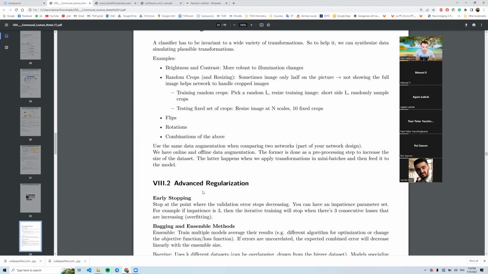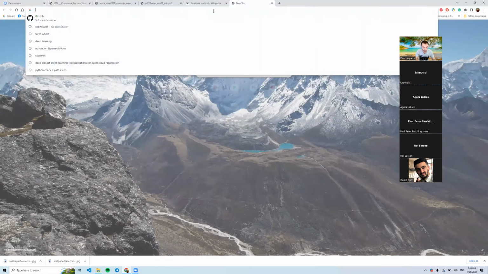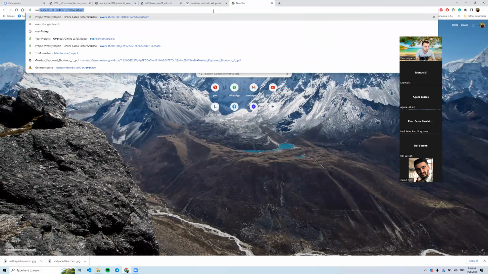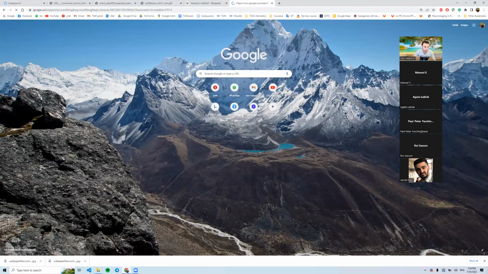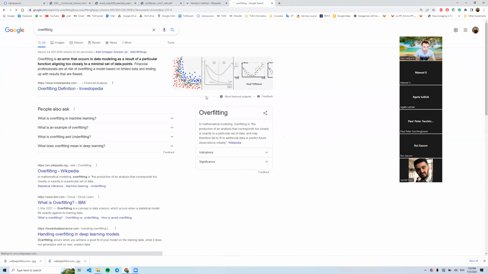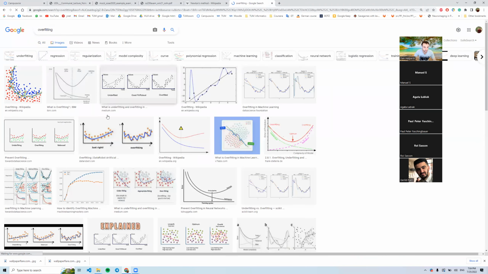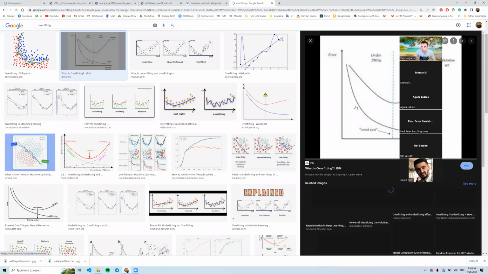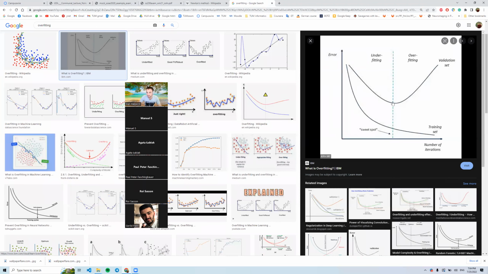Early stopping. Where did I see it? Go to overfitting. Early stopping is this: when this begins to happen, we stop.